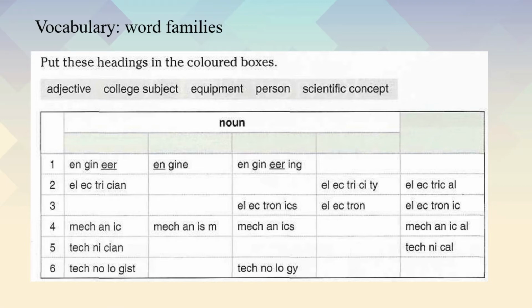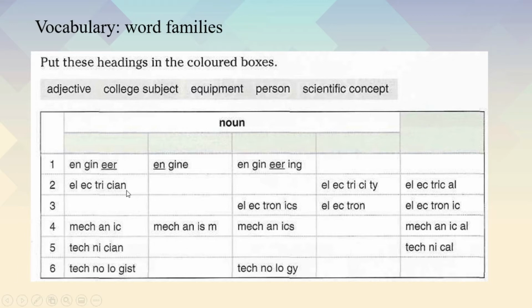Our task is to put these headings, adjective, college subject, equipment, person, and scientific concept in the colored boxes. So now let's see number one here, this column. This is engineer. We know that engineer is a person.